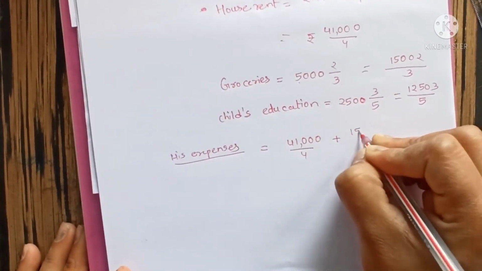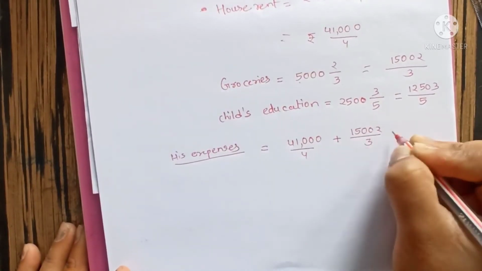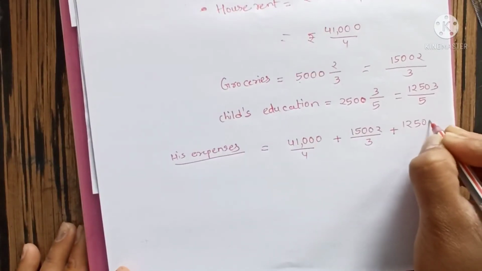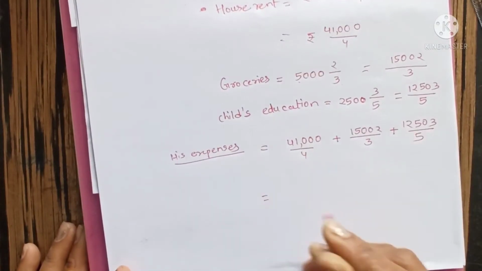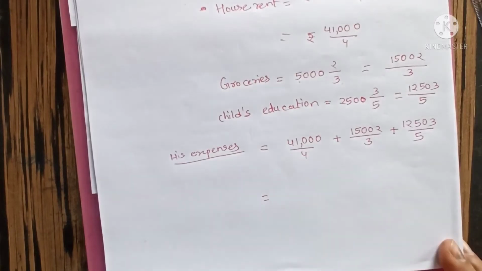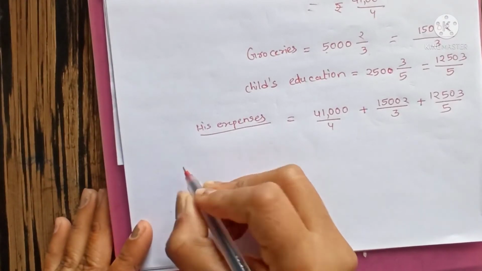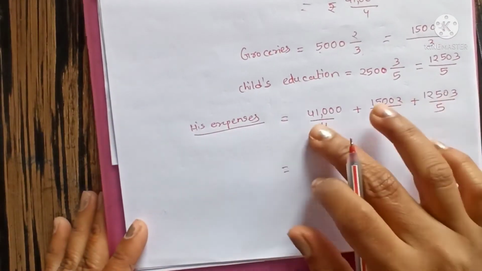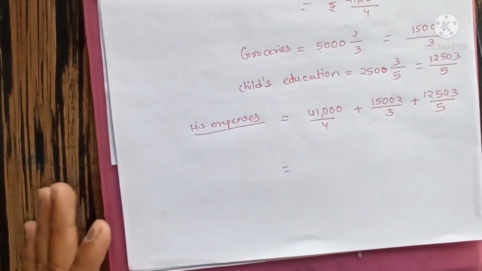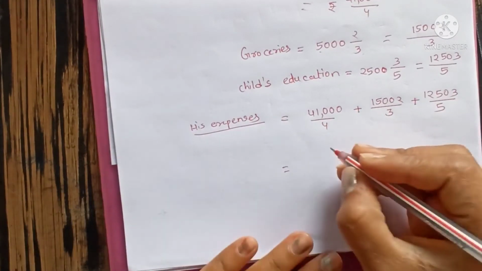plus groceries 15,002 by 3 plus 12,503 by 5. Now we'll make their denominators the same and add these fractions. Okay, so let's see how we can make the denominator the same by finding out the LCM. Or we can also do one thing, we can divide it and then we can just add. So let's divide and add it.